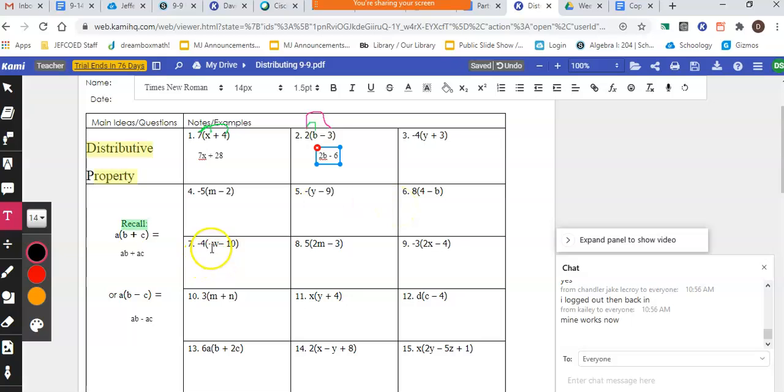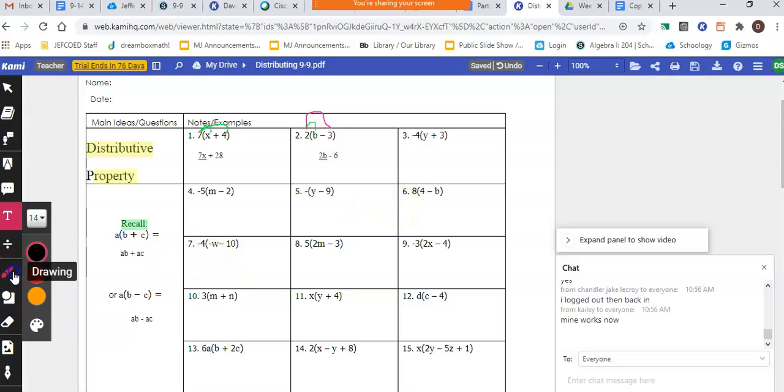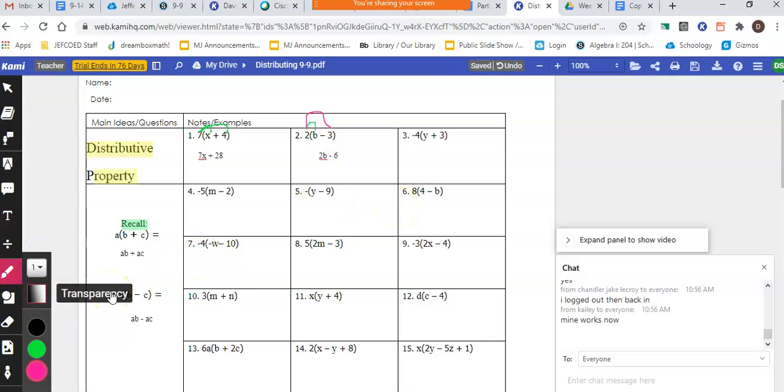All right, let's look at number 7, okay? Number 7 is just a couple negative values there. You have the negative 4 distributed to that negative w, and then you're going to have the negative 4 distributed to that negative 10.